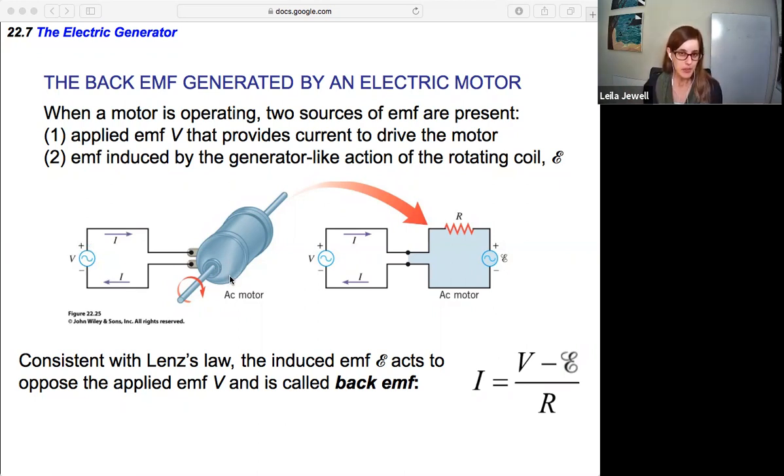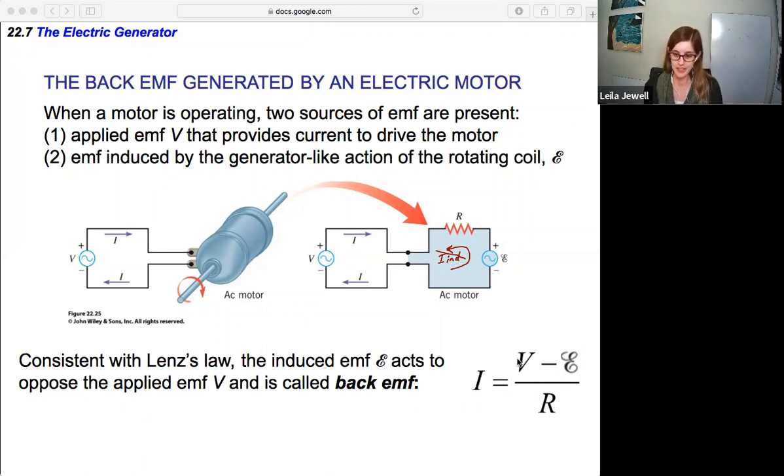But the AC motor, in response, will create an EMF in the opposite direction. So notice there's this effective EMF inside that has a positive polarity on the same side as the other one. So it's trying to create a current going the opposite way, some sort of induced current. It doesn't actually create this current, but that's what it would create if there was no applied EMF in the first place, V. So this induced EMF acts to oppose the applied EMF, and it's called back EMF.